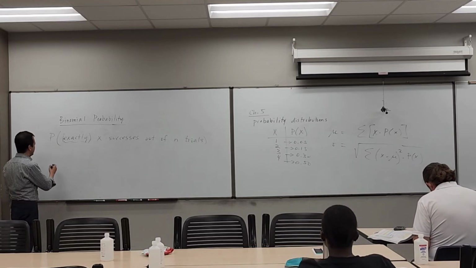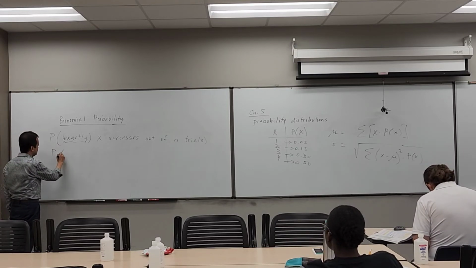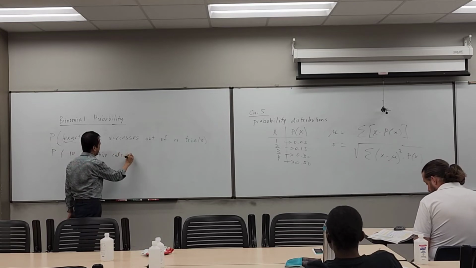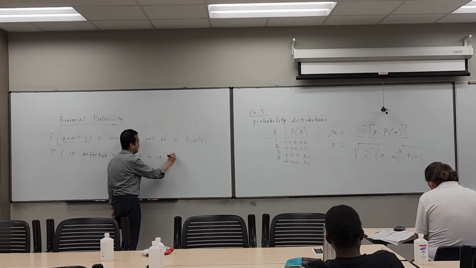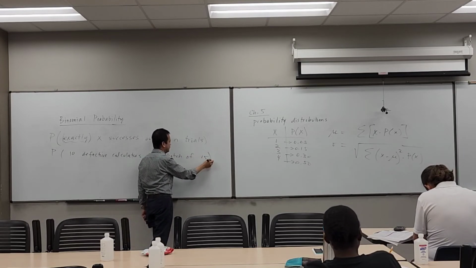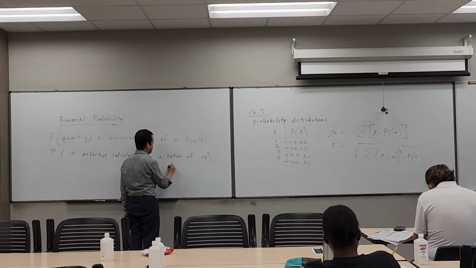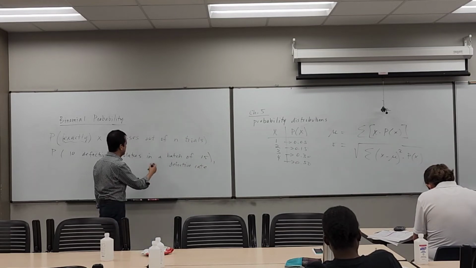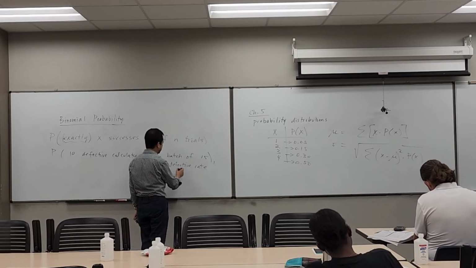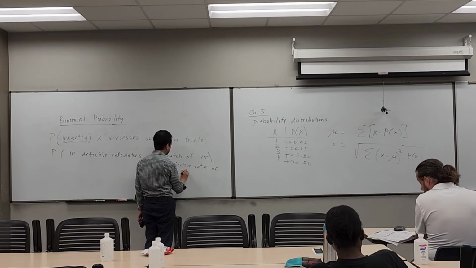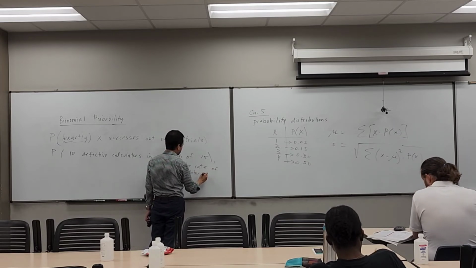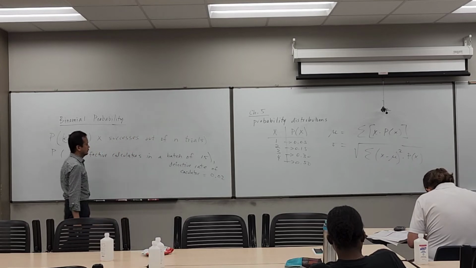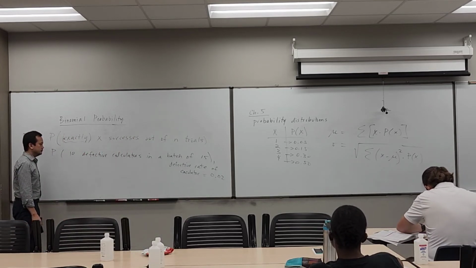For example, if I ask you what's the probability of 10 defective calculators in a batch of 15, given that the defective rate for a calculator is 0.02.